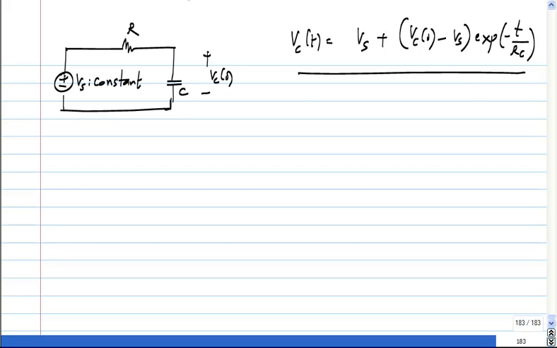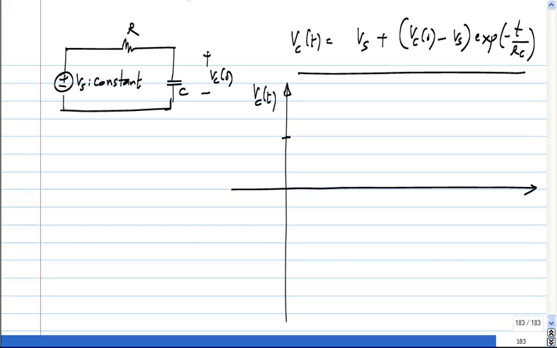So if you plot Vc of t, and let's say Vs is somewhere here, this is the value of Vs. Now if you start from 0, it will do that. It will never reach it, but only does it asymptotically.